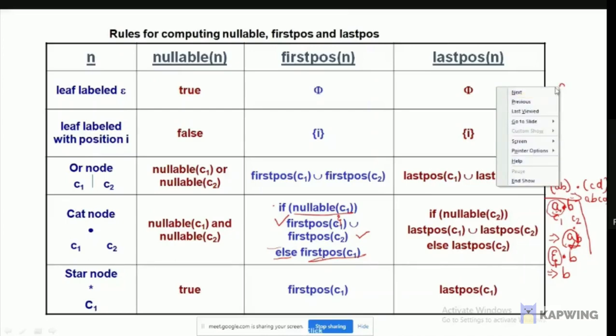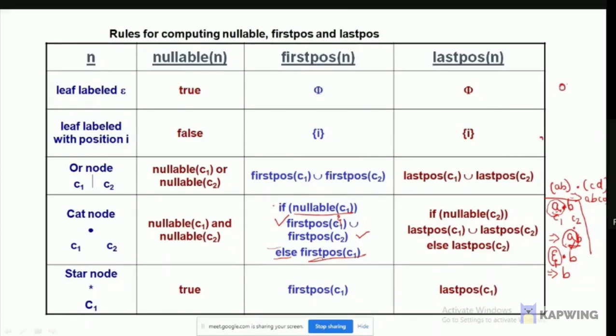Now, one and zero are input symbols. This is according to the cat node; it has a cat node, and this is C1 and this is C2. What is the first position of this expression? First position means you have to tell only the first character. 0. Always 0.